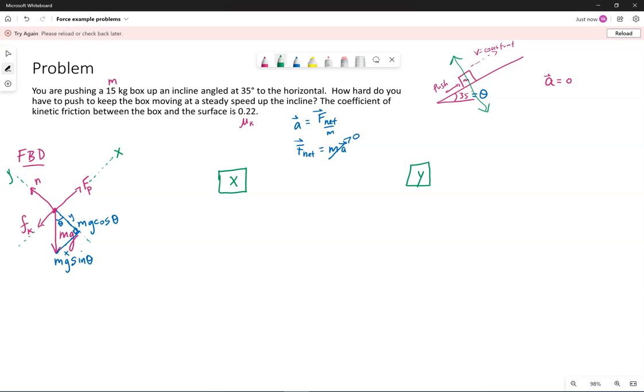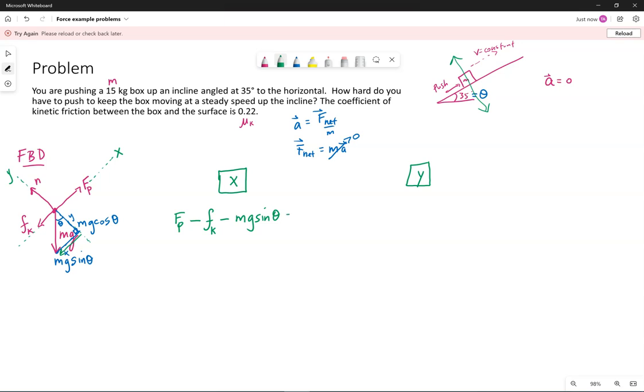So we can balance out the forces again. In the x direction, we have the pushing force pointing up the incline. We have friction pointing down the incline, so I have to subtract that to account for its direction. This component of gravity points down the incline as well, so I have to subtract off the mg sine theta.